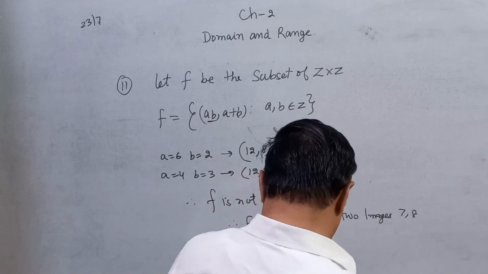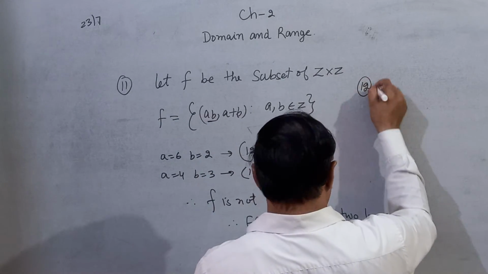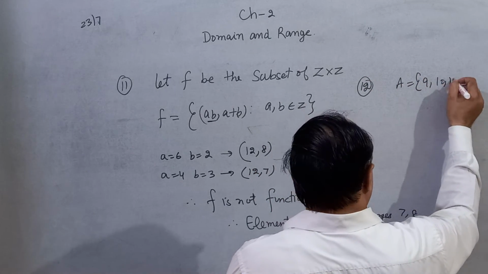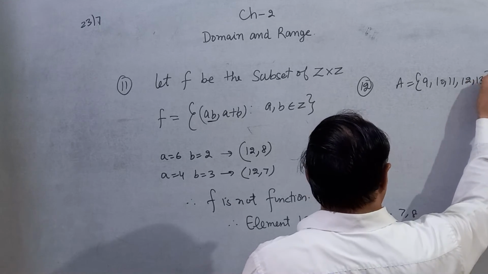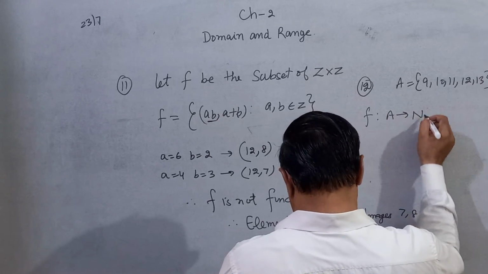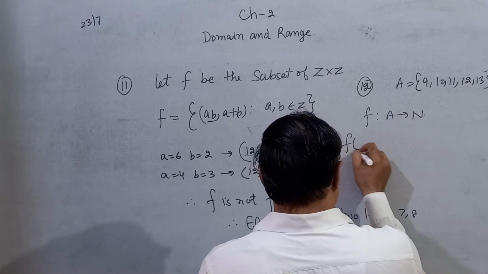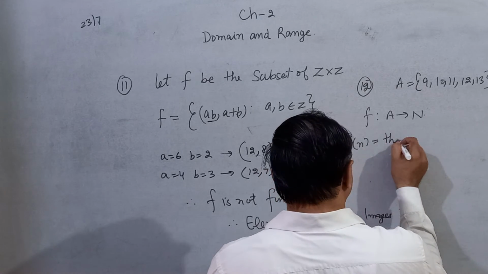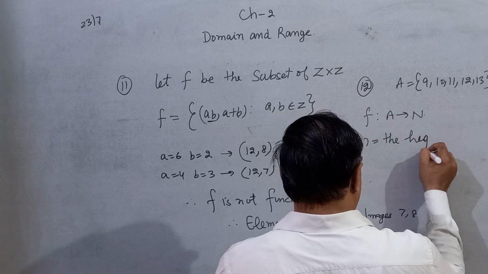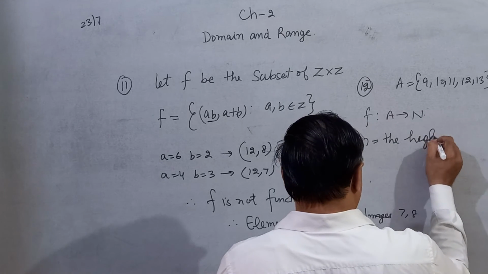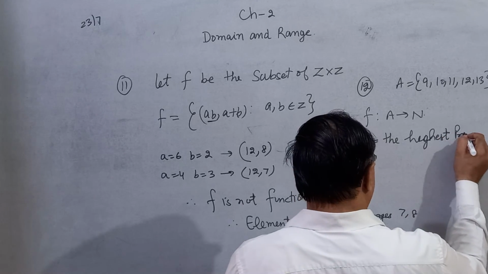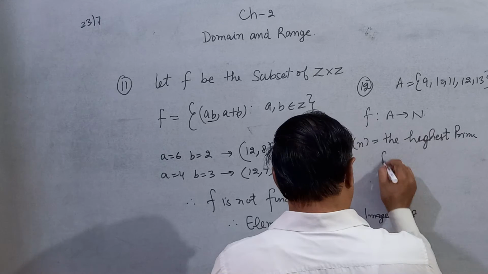And the last question of this miscellaneous exercise, question 12: A is given as 9, 10, 11, 12, 13, and the function from A to N is defined by f of n is equal to the highest prime factor of n.